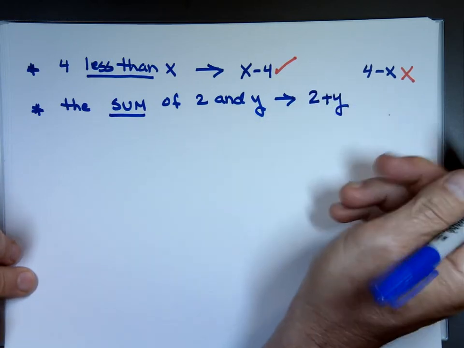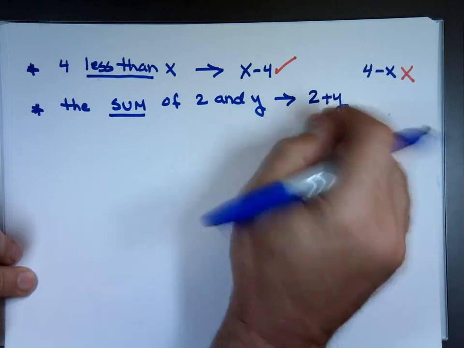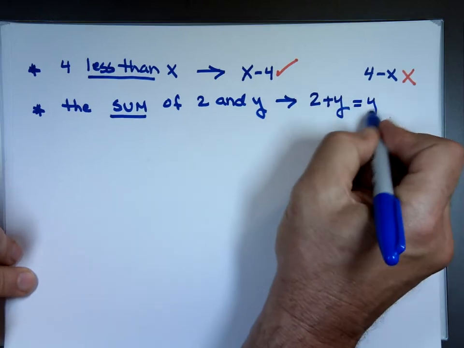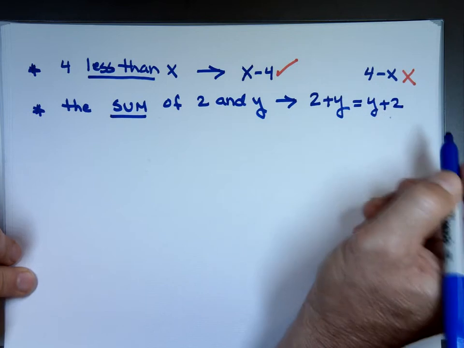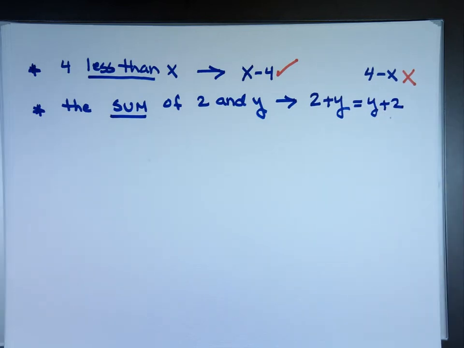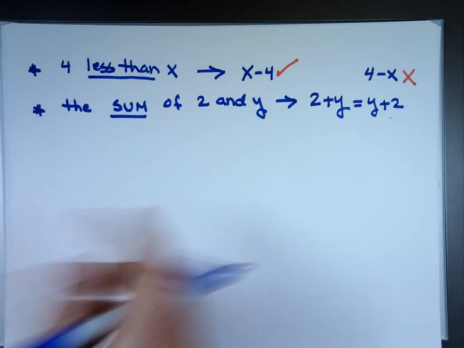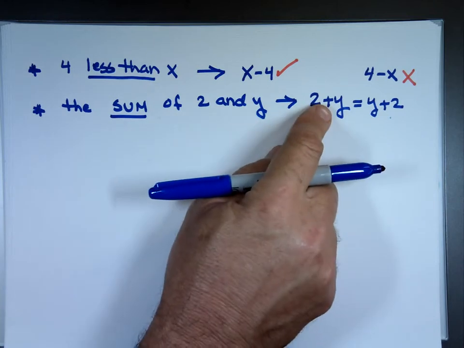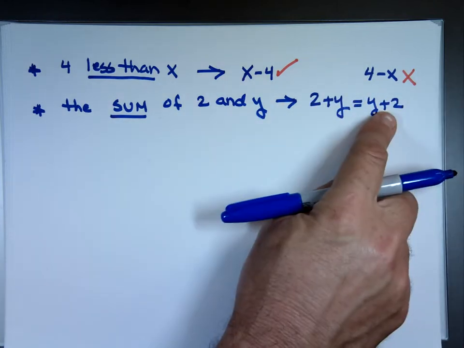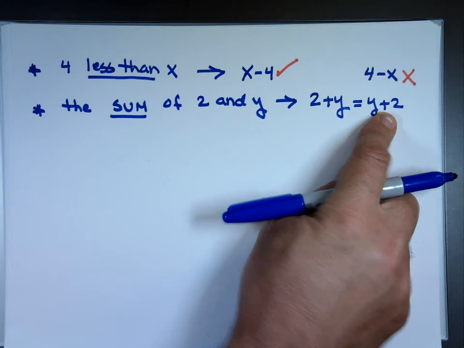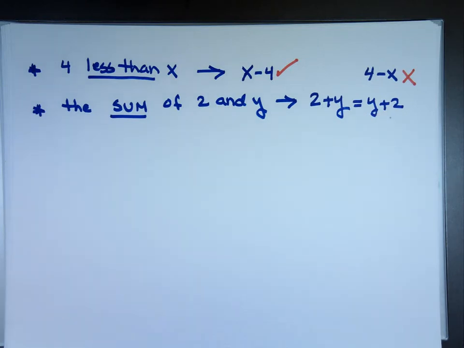Here's the good news about addition. If you switch them, you're still okay. That's the commutative property of addition. If you flip-flop them, your answer doesn't change. With subtraction, it does change, but not with addition. Addition and multiplication you can flip-flop, not subtraction and division. And usually, me personally, I like to write them in descending power. I like them always with the highest power of y first and then decreasing.